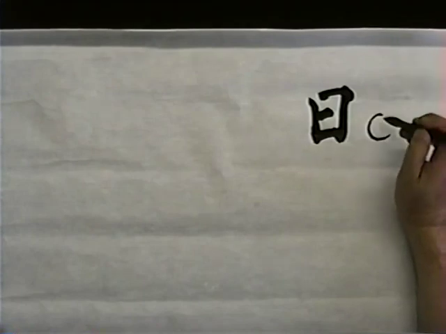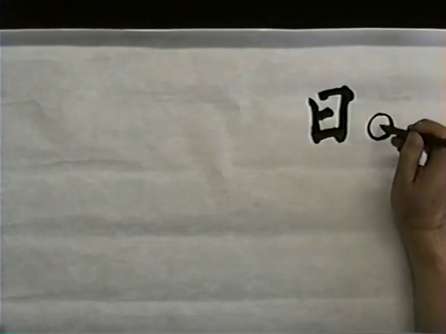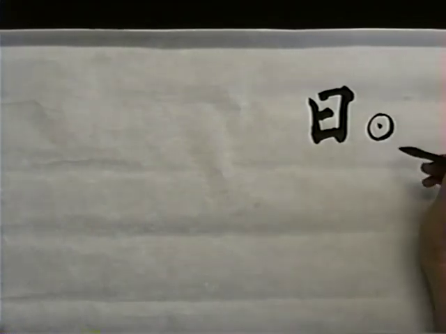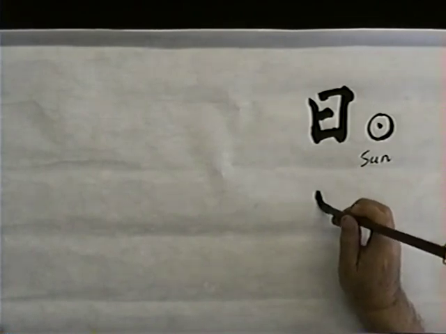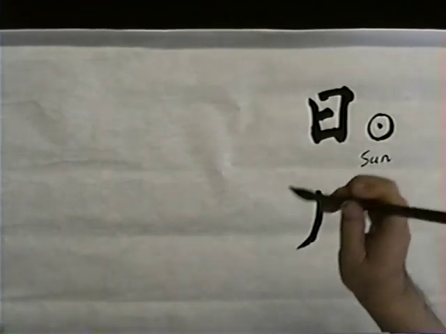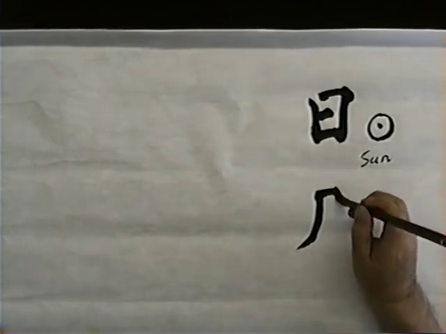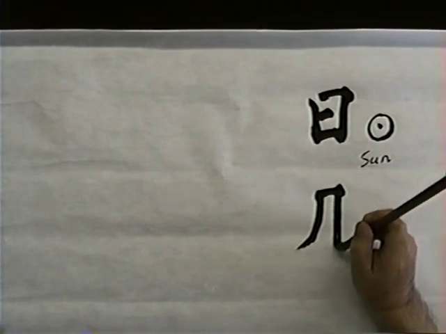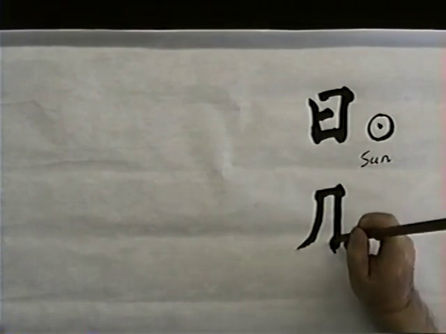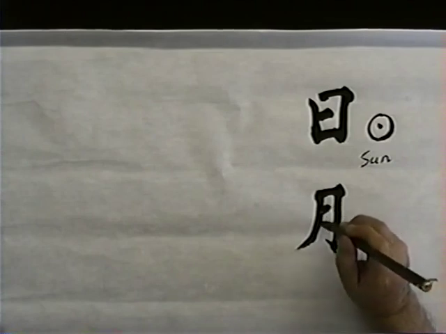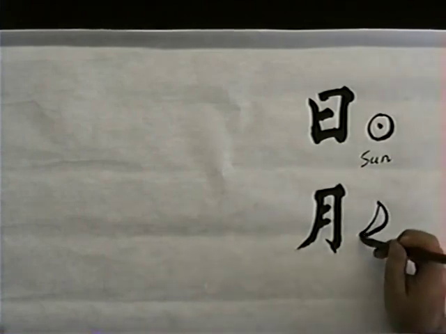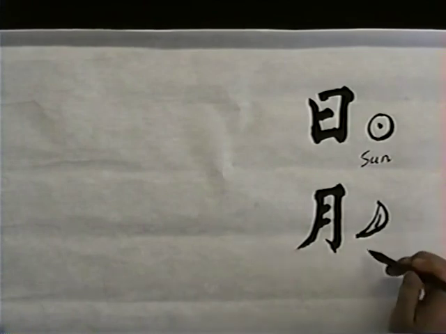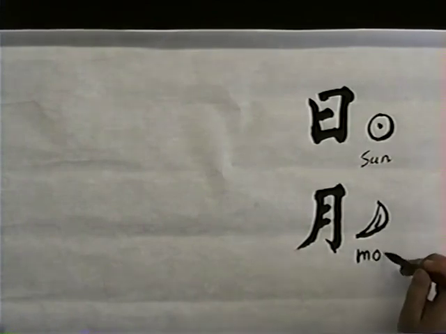Just like this. The meaning of this word is the sun. Okay, the second, still I started from the left side, then the right side, then down with the hook. And 1 and a 2. You have seen this. This character means the moon.